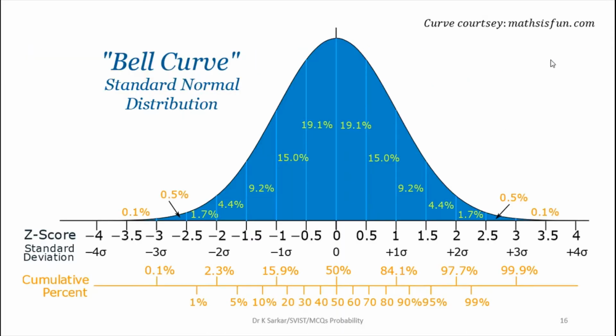Here we have taken a bell-shaped curve which is the standard normal distribution, and we see that the mean is 0 here, and you can check this is minus 4 sigma and here this is plus 4 sigma. So from minus 4 sigma to 4 sigma, the area is the total blue area shown here.